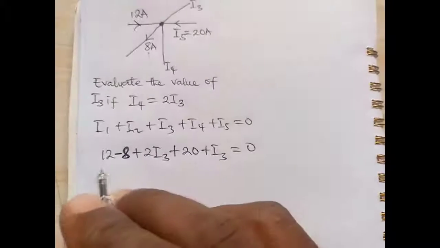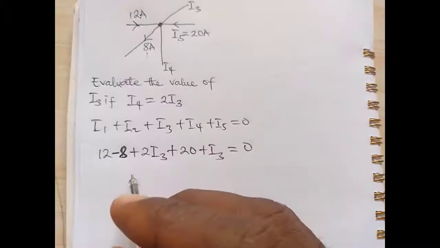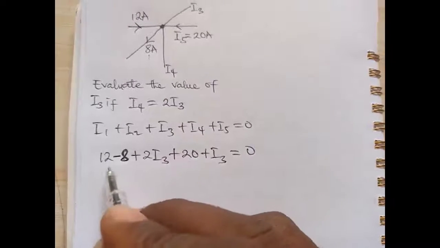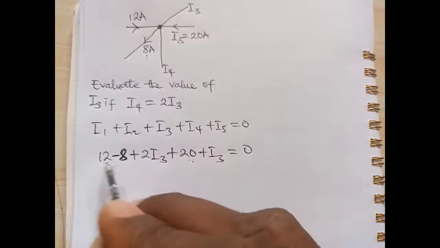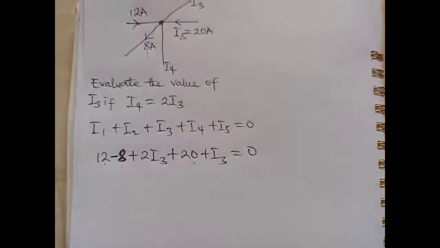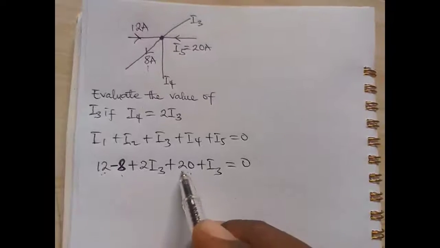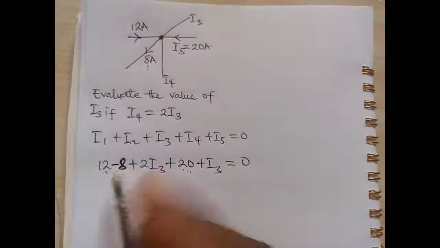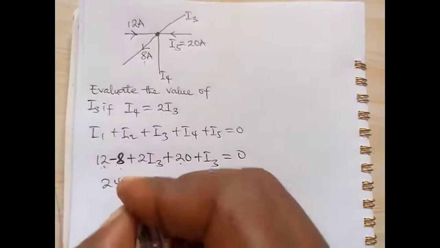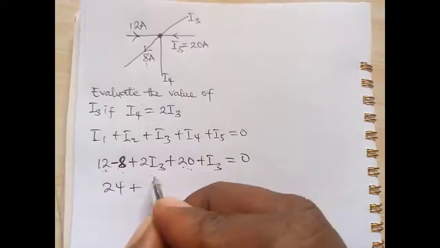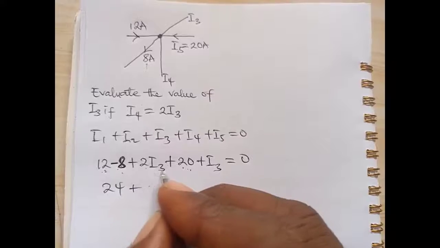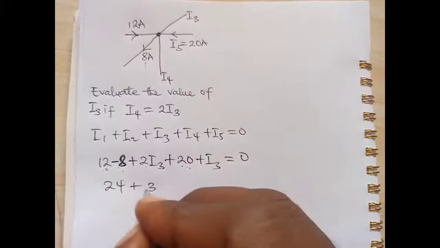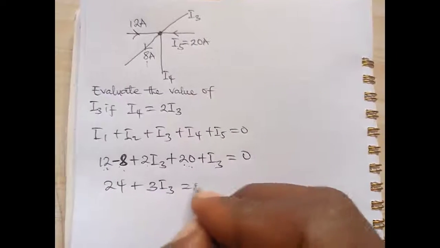So we're going to evaluate and collect like terms. If we evaluate, 20 plus 12 is 32, and 32 minus 8 gives us 24. So 24 plus 2I3 plus 1I3 gives us 3I3 equals 0.